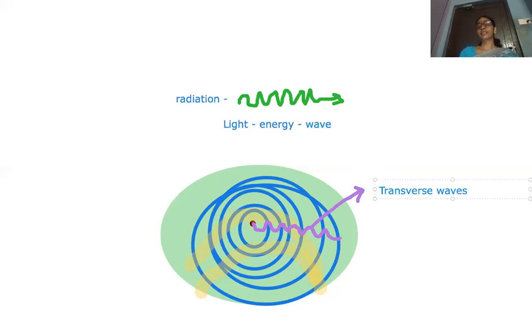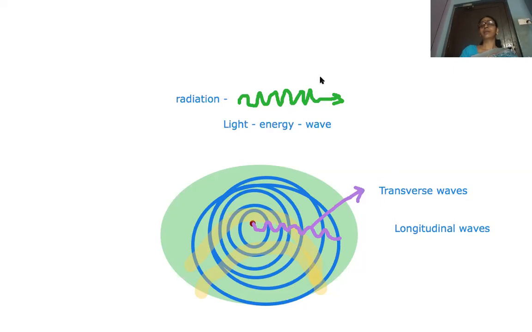So what are the characteristic features of transverse waves? We have two types of waves, transverse waves and longitudinal waves. In transverse waves, and longitudinal waves also, it's a small introduction I'll give about the longitudinal waves also here. So you know that transverse waves, if we imagine this is air and we have lot of particles.